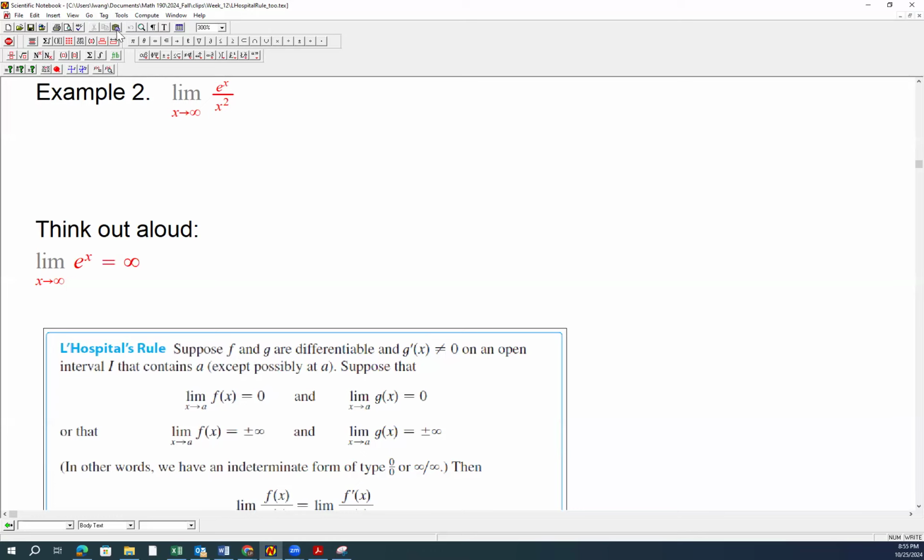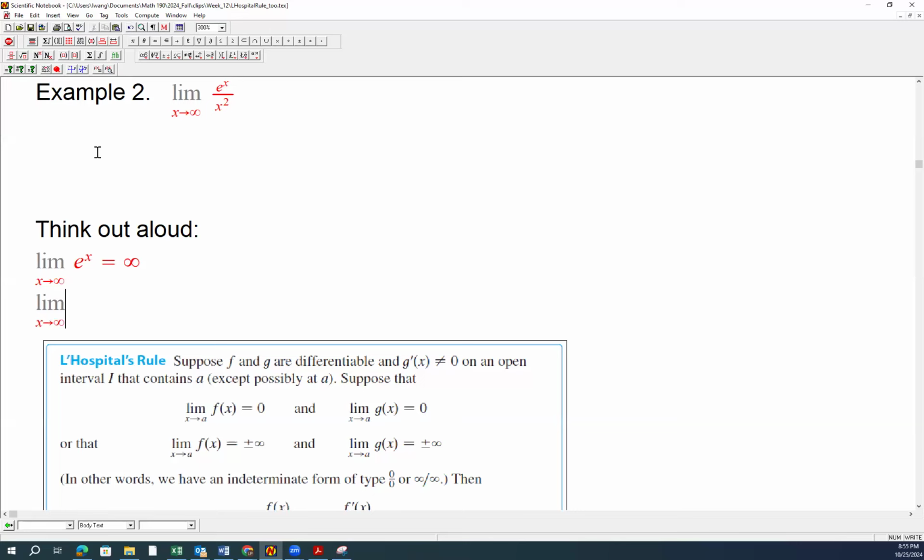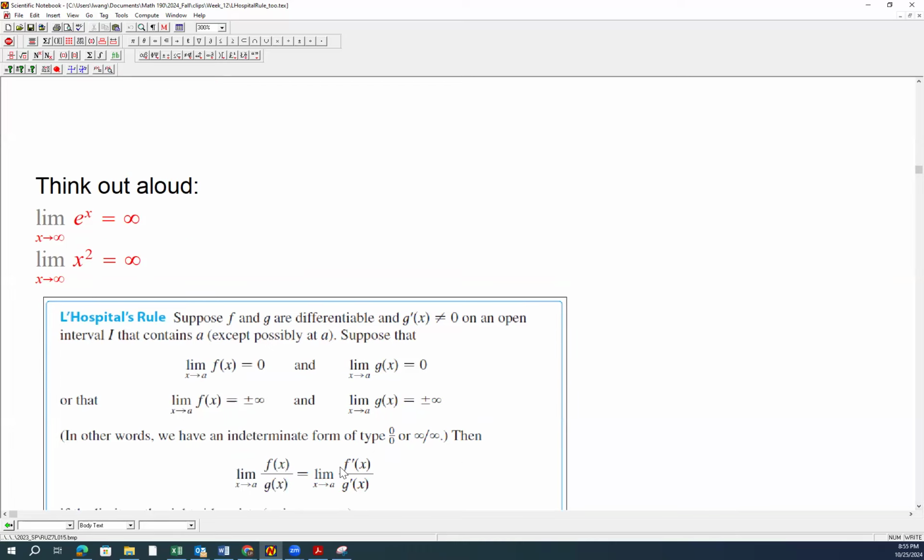So this is infinity, right? And when x approaches infinity, x squared approaches infinity. So obviously, L'Hopital rule applies. So we're going to take the derivative on the top separately from the derivative of the denominator.